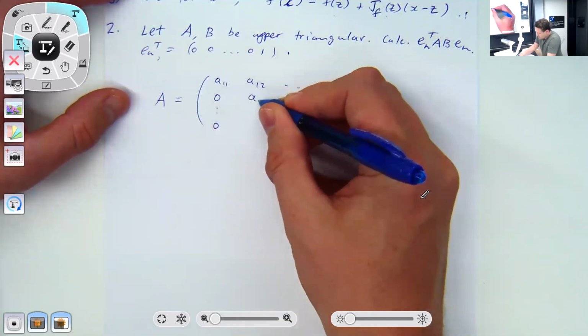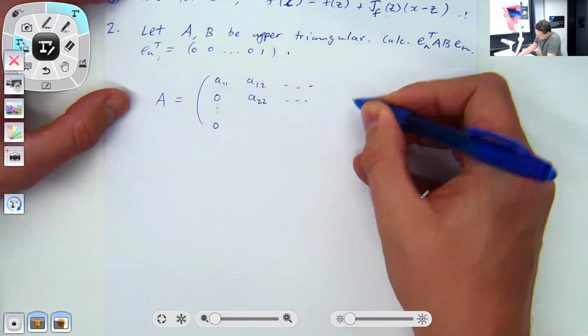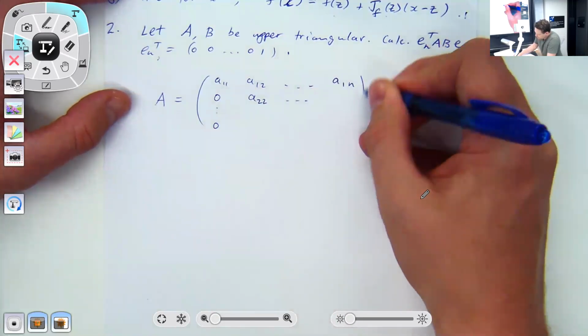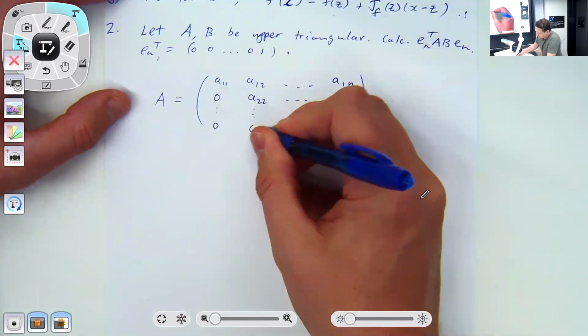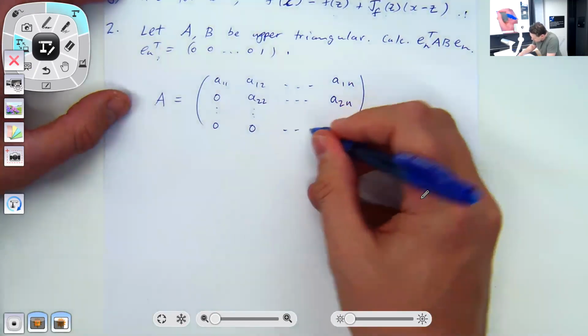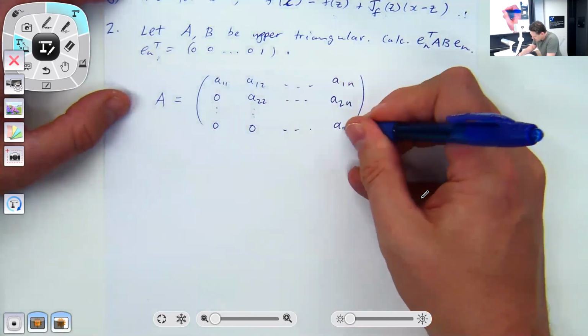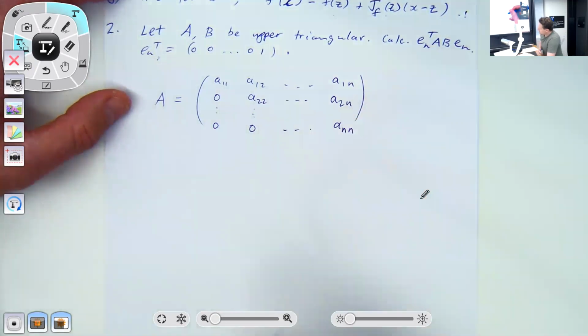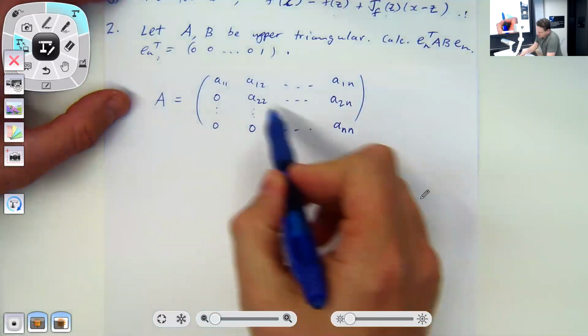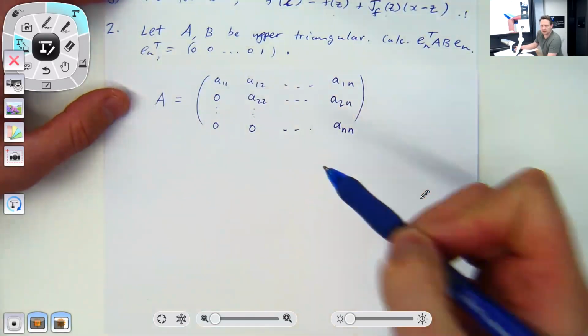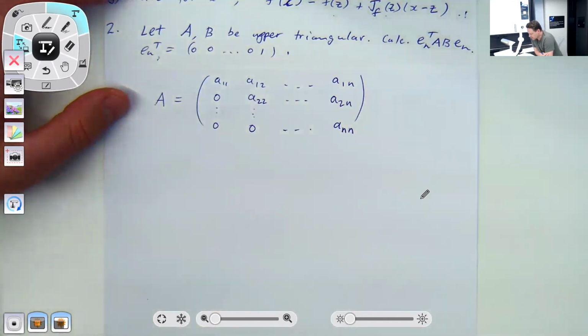Then we have an A22, dot, dot, dot. Up here we have an A1n, and here we have an A2n. Then we have zeros below the diagonal, and zeros all the way until we get to Ann. Now, the matrix B looks just the same, except rather than the lowercase a, you would have a lowercase b. The product of two upper triangular matrices will be an upper triangular matrix. That's helpful to know.